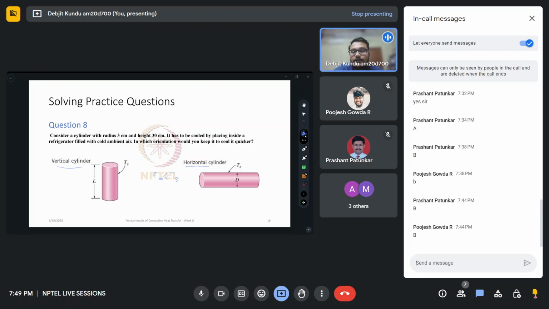Try to think about this intuitively. What do you feel? Would the vertical orientation cool it faster, or will the horizontal orientation cool it faster?